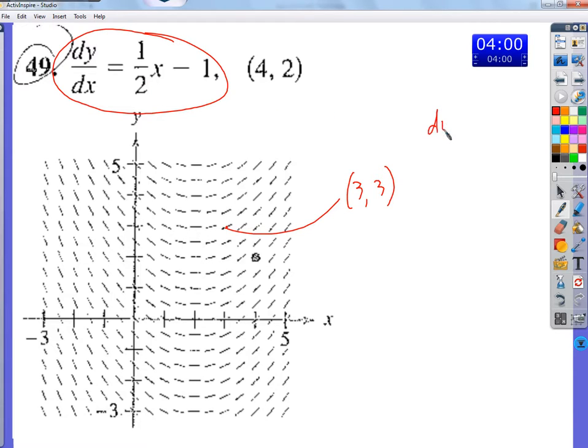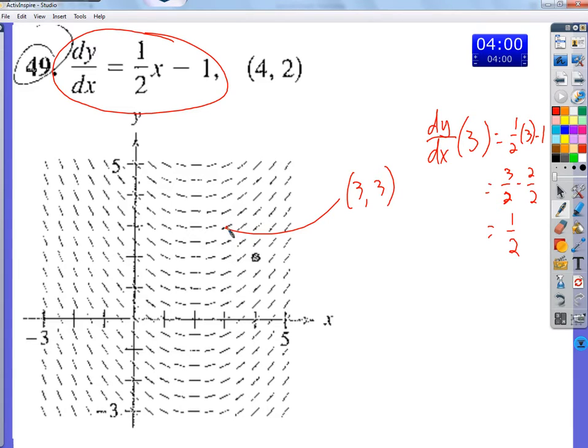I find dy dx at 3, and x is the only thing that matters here because there's no y value there that tells me what the slope should be. So 1/2 times 3 minus 1, that's 3 halves minus 2 halves in the common denominator, so 1/2. That's not the y value at this point, but the value of the slope.